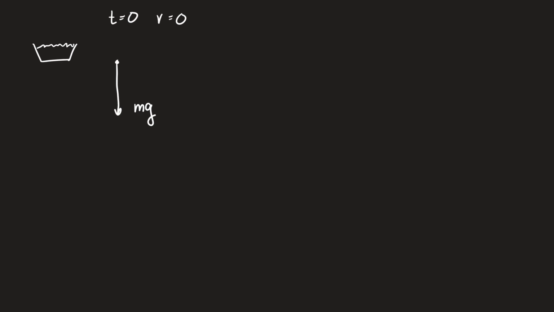Now that means that after that first instant, the moment we have a little bit of velocity downwards, so our coffee filter is now falling downwards, there's going to be a small upward force of drag because it's got some velocity downwards.